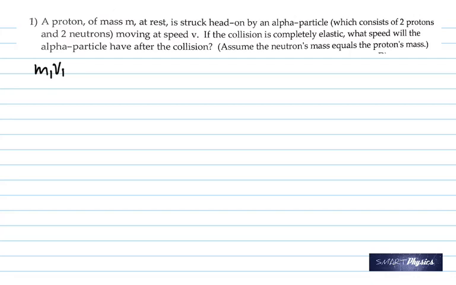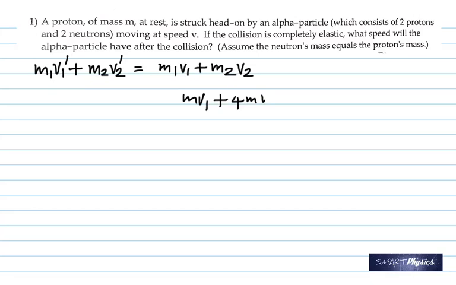All right. So using the principle of conservation of momentum, the total momentum before collision on the left hand side is equal to the total momentum after collision. Now take the mass of the proton as m, and the final velocity of the proton is v1 prime.